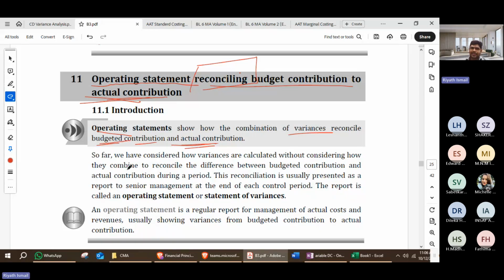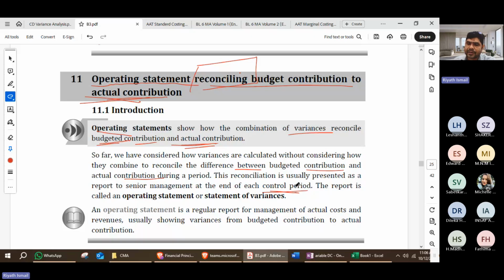So far, we have considered how variances are calculated without considering how they combine to reconcile the differences between budgeted contribution and the actual contribution during the period. This reconciliation is usually presented as a report to the senior management at the end of each control period.